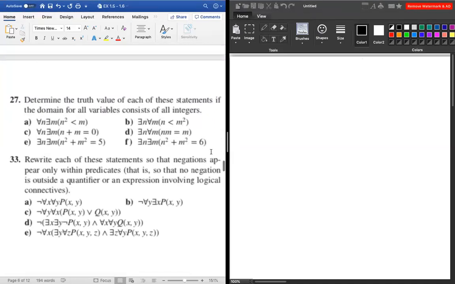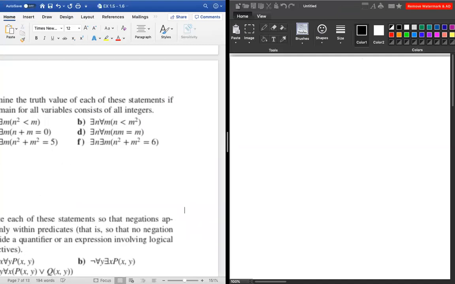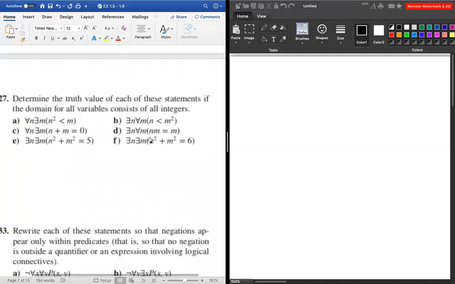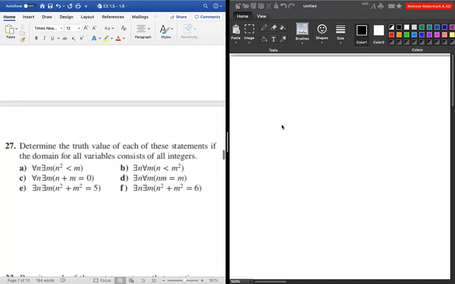Question number 29. Here we have to determine the truth values if the domain of all variables consists of all integers. Okay, let's do A. All right.